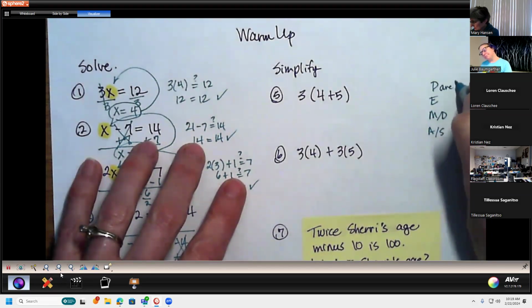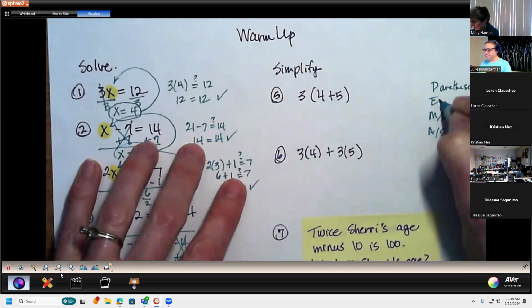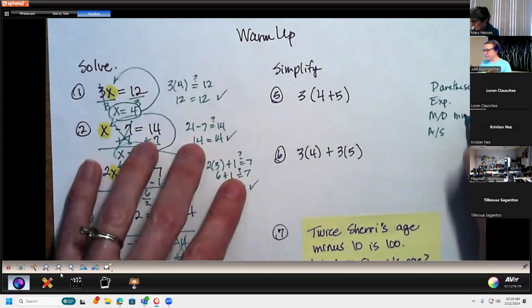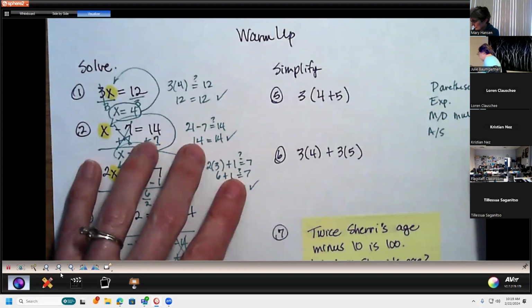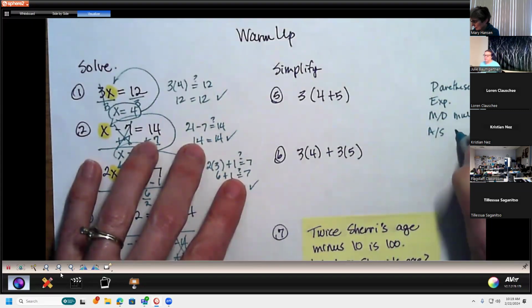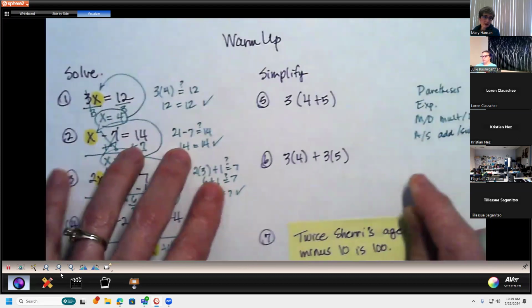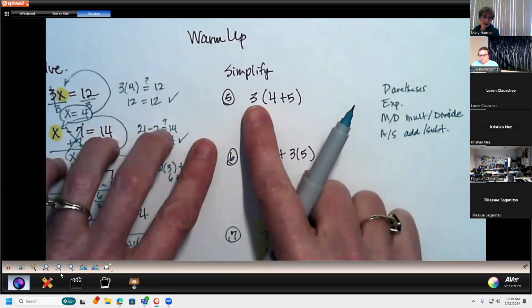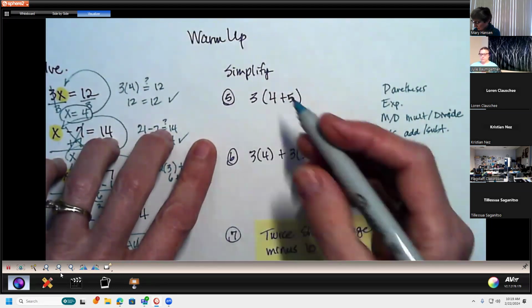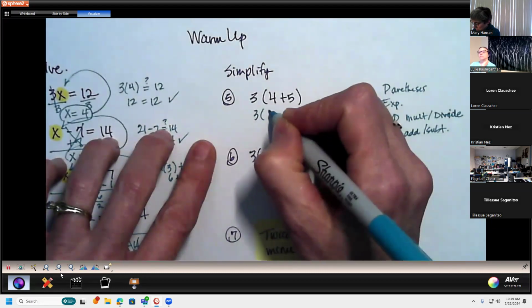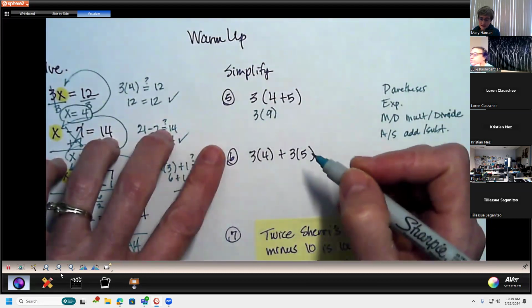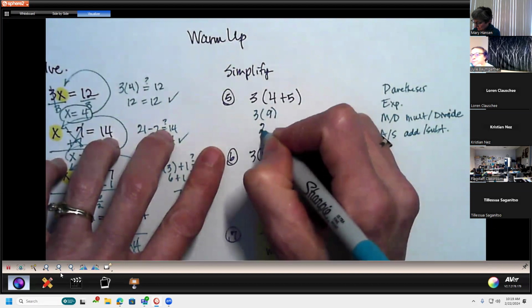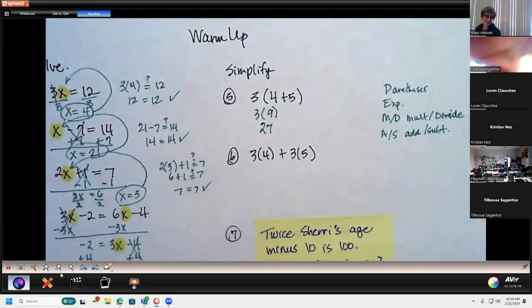We do parentheses, we do exponents, we multiply and divide left to right, and we add and subtract left to right. So by order of operations, we add the 4 plus 5, we get 9, and then we multiply 3 times 9 and we get 27.